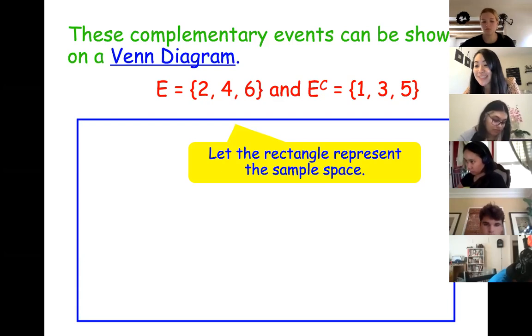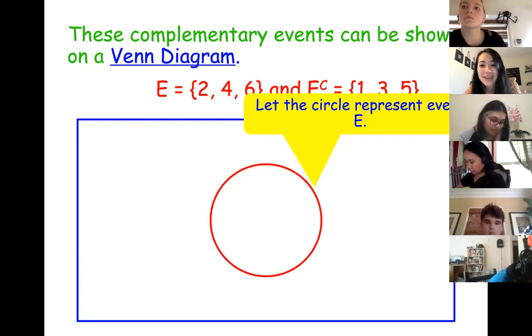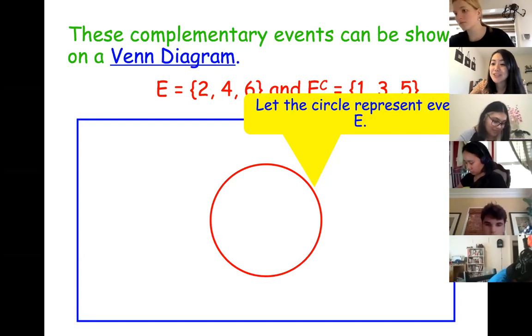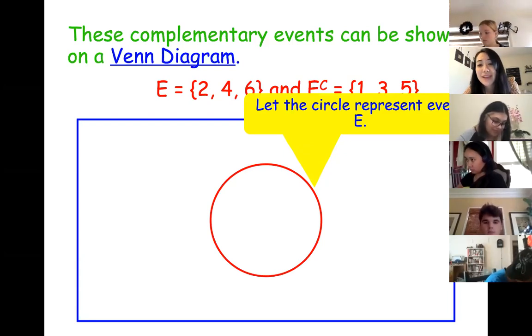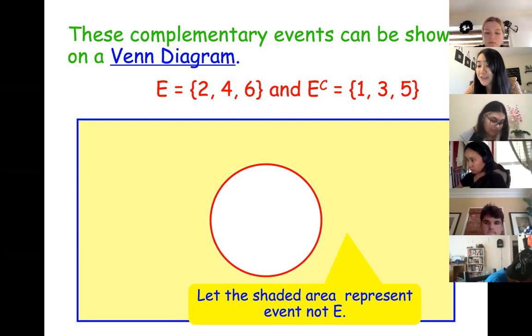It actually represents something. So always have a rectangle to represent your sample space. And your circles will be your events. So if the area inside the circle represents the event, the area outside the circle represents your complement. All right, so hopefully that makes sense.